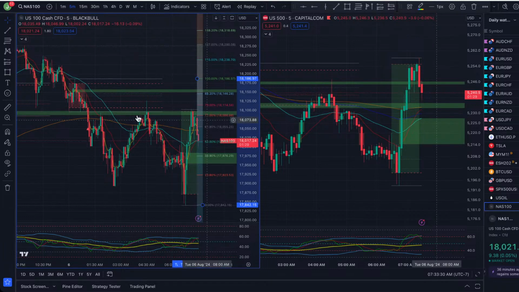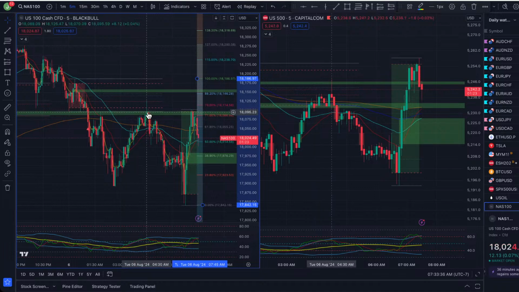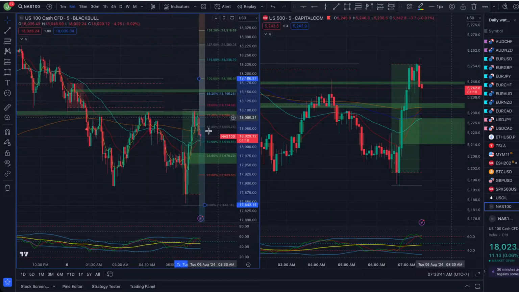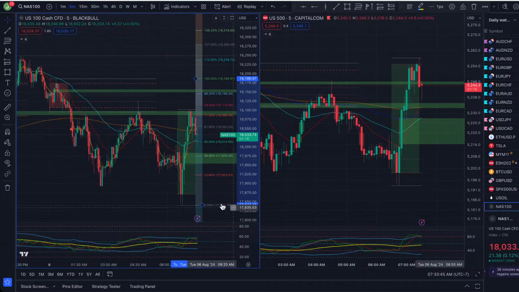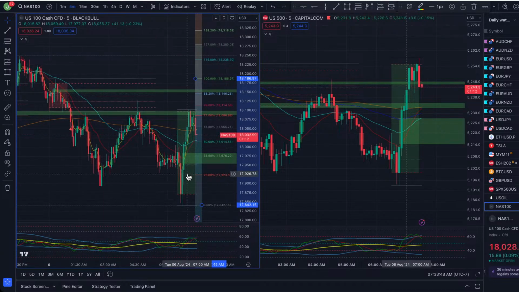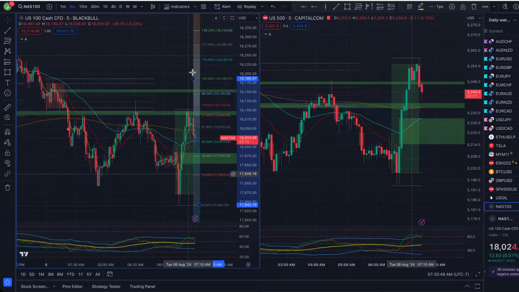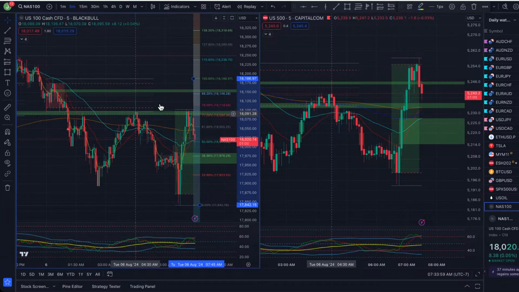So most likely we'll try to take out the high that was formed at 4:30 during London, and then possibly push down. I might even want to take out London high completely. This is the previous high. We have not yet taken it out.